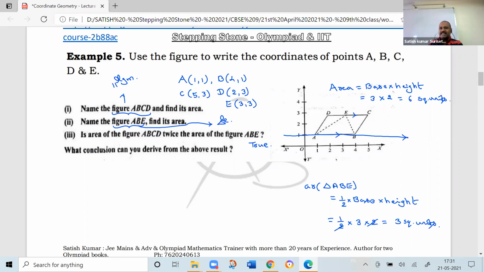So when a triangle and a parallelogram are on the same base and between the same parallel lines, the area of the parallelogram will always be twice the area of the triangle. So this is the result. That's the conclusion. Okay.